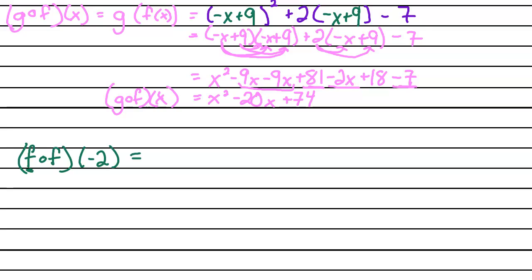I'm going to start writing my f, which is a negative x plus 9. And in here, I'm going to put a negative x plus 9. And then in place of my x, I'm going to replace it with a negative 2.